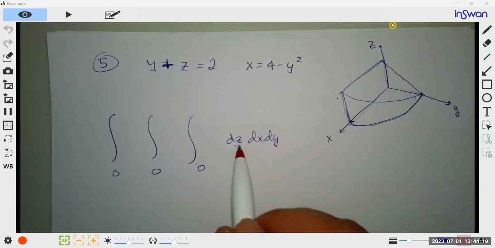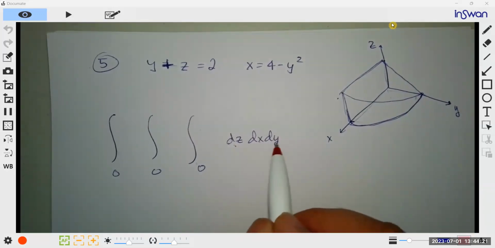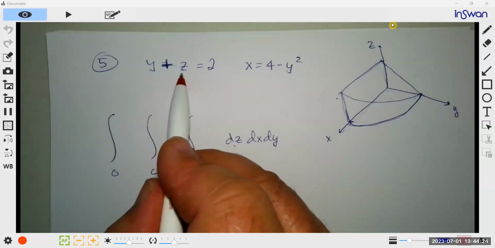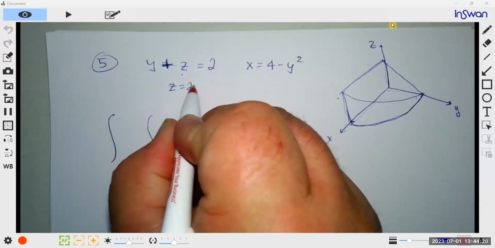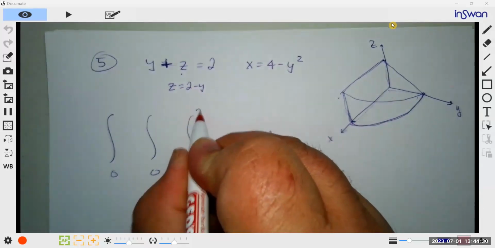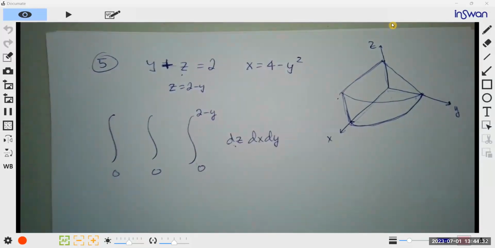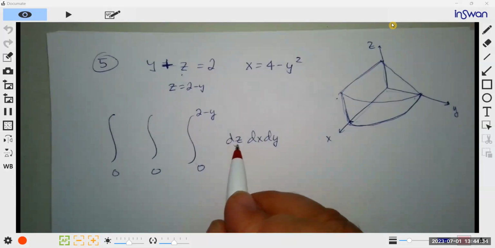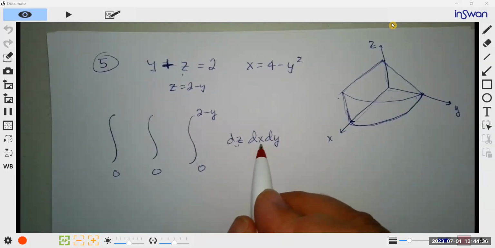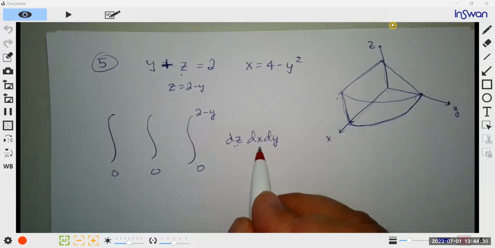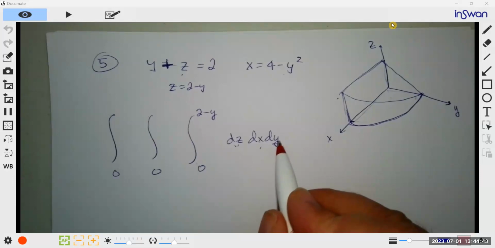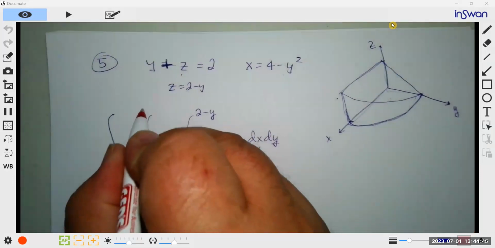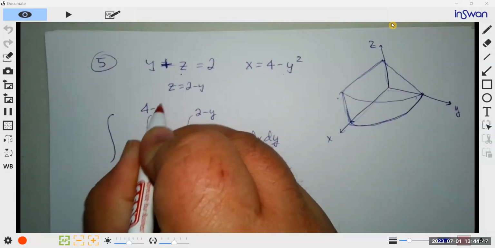Since that has z, we want a function of x or y, and we use this one. Solve for z. Z equals 2 minus y. That's the z bound. Next, we need a function with respect to x. Well, we have that. It has variable y, so that's already set up that way. So it's 4 minus y squared.